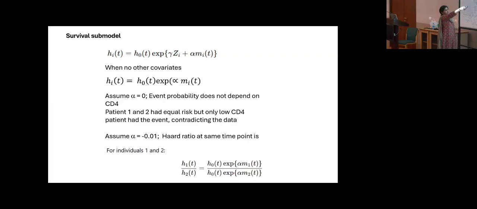When alpha becomes 0, what is it going to be? The h_i(t) is nothing but the baseline, right? These two are the same, but ideally, can you assume that? That's not true. Looking at your data, you know that there should be a decrease, but not the same, right? So then it takes the next value of minus 0.01. So this is how it builds in the back end.